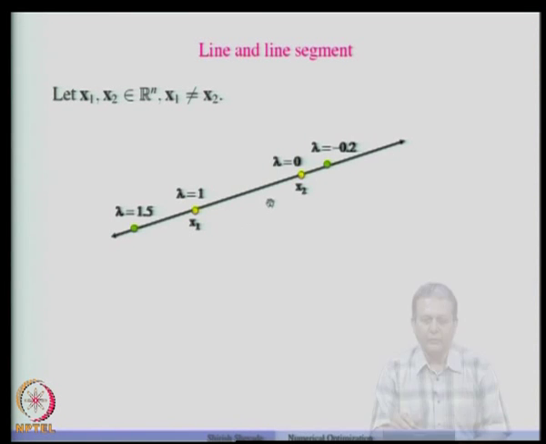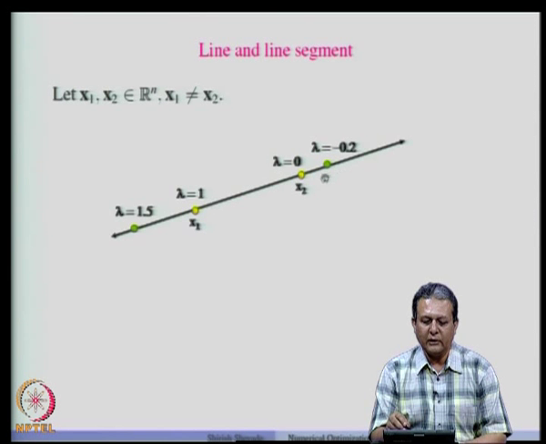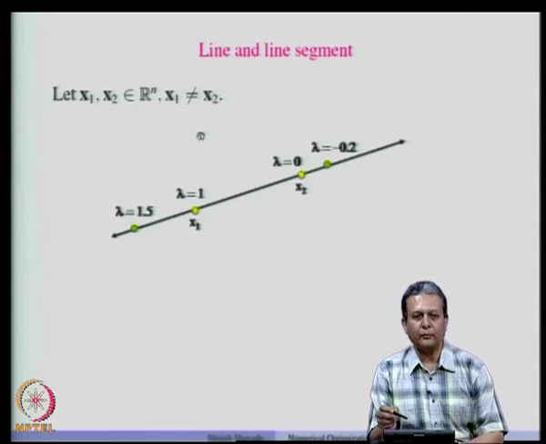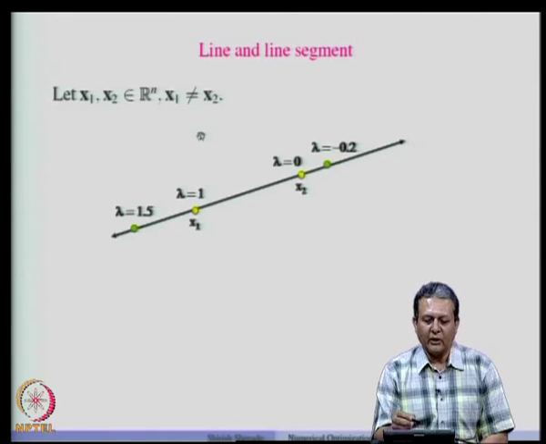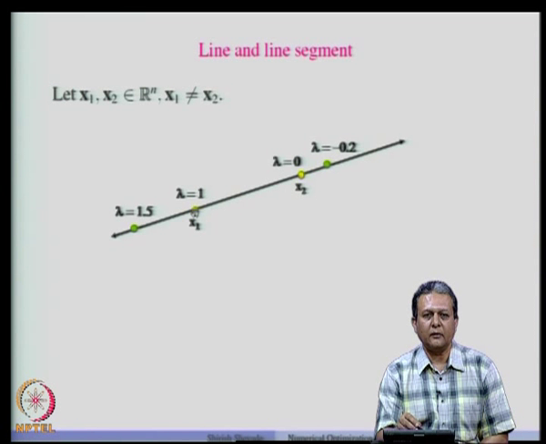On the display you will see a line drawn passing through the points x1 and x2, where x1 is not equal to x2. Now, associated with each of the points on the line is a parameter lambda. Let us assume that lambda is 1 at the point x1, lambda is 0 at the point x2, and beyond x2 the value of lambda decreases.